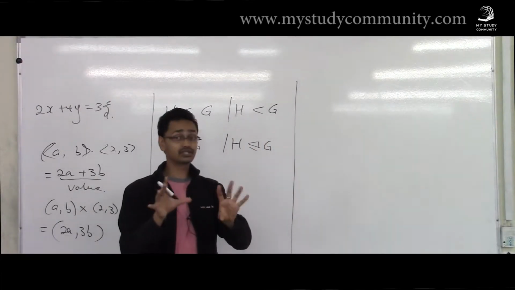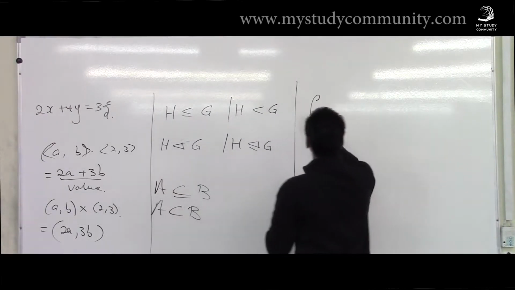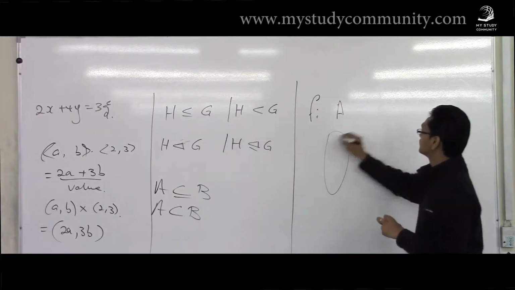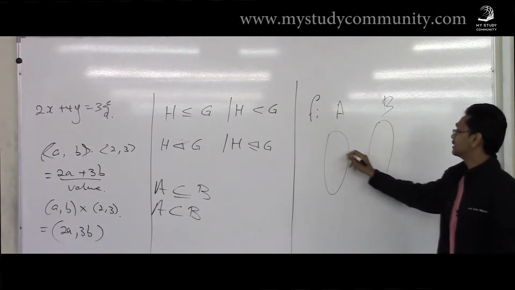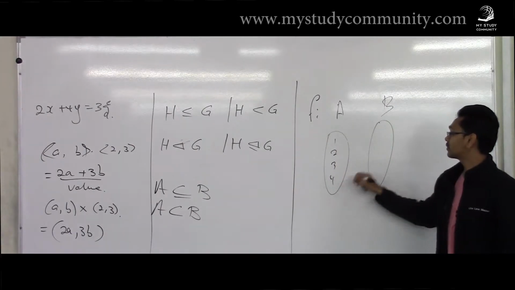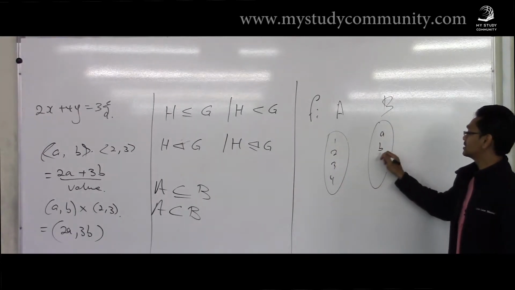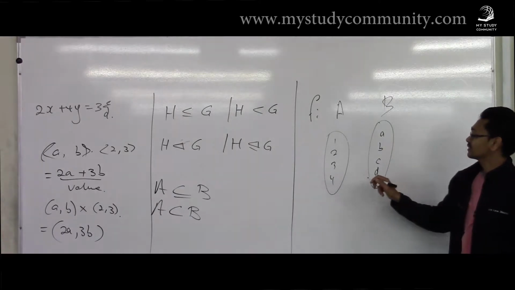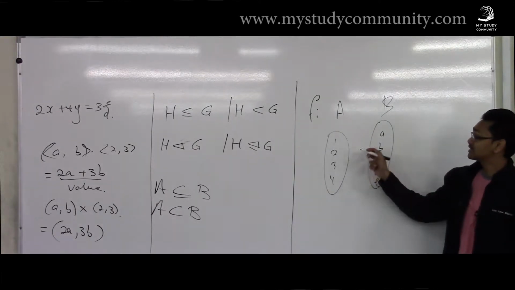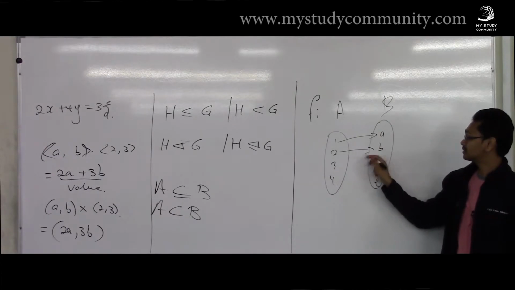Mappings, we're talking relation, we're talking functions, yes? So if we have a mapping f from A to B, and A has 1, 2, 3, 4, and B has a, b, c, d, e, and let's just say this is my mapping.